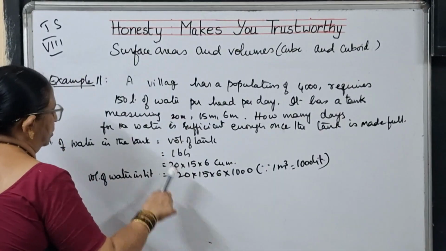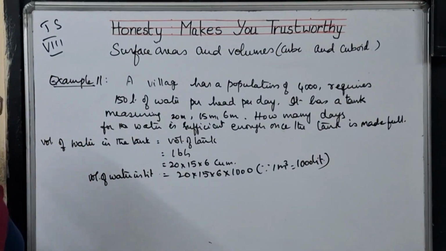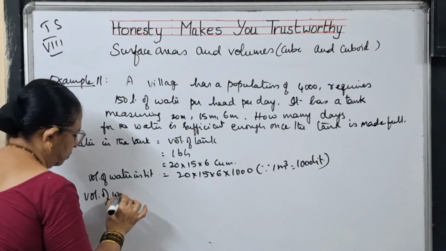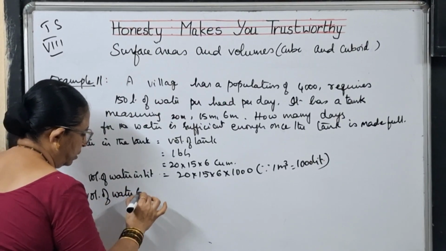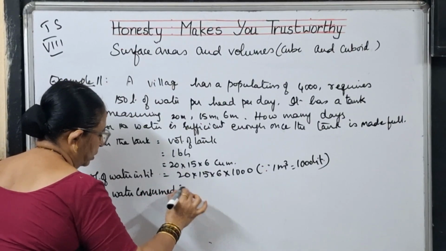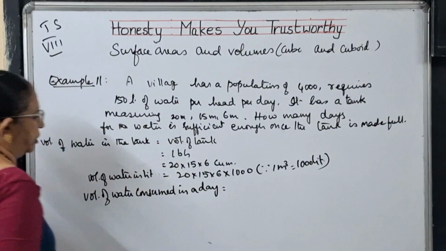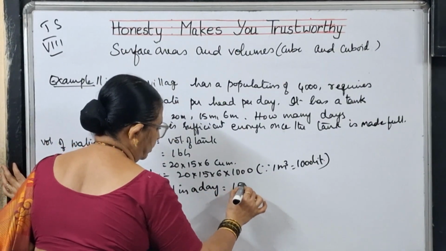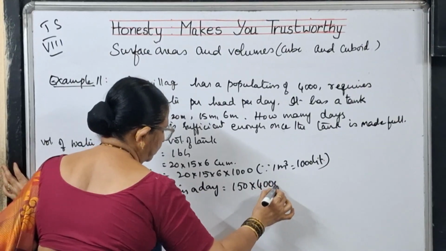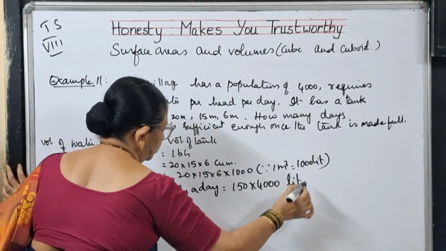This is how many liters of water there are. Then, the volume of water consumed in a day. In one day, we know that one person takes 150 liters. How many are there? 4000. So, this many liters of water is consumed.